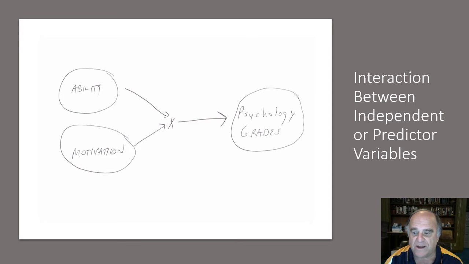And of course, we talked about interactions. Here's a simple interaction. Ability and motivation interact. You can see this X represents the interaction. So ability and motivation interact, and they cause psychology grades.